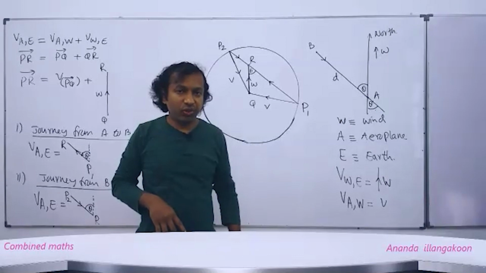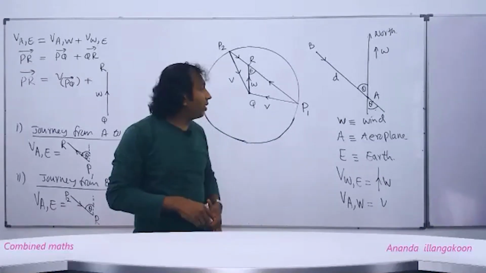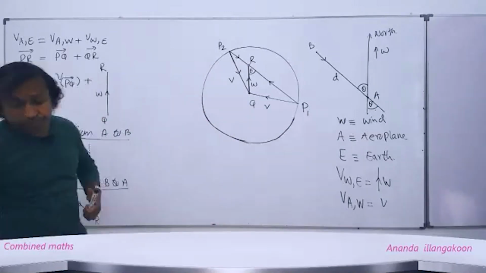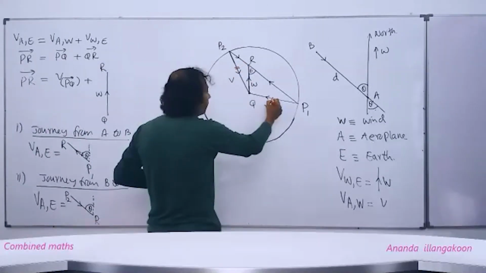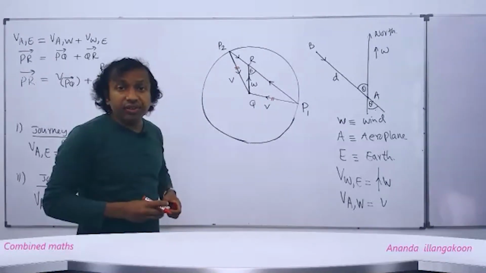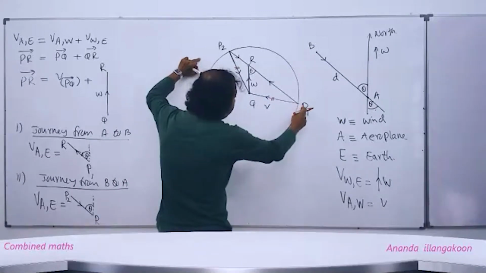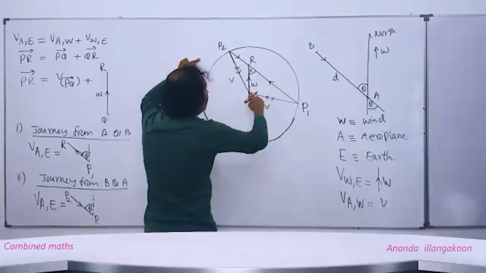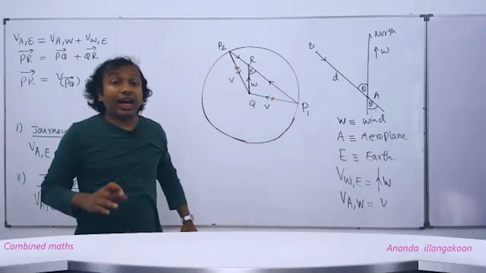You can very clearly understand that this length and this length are equal, being the same radii of the circle. So when I consider this triangle P1 Q P2, that triangle is an isosceles triangle.